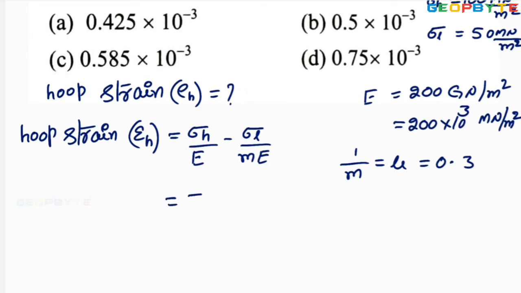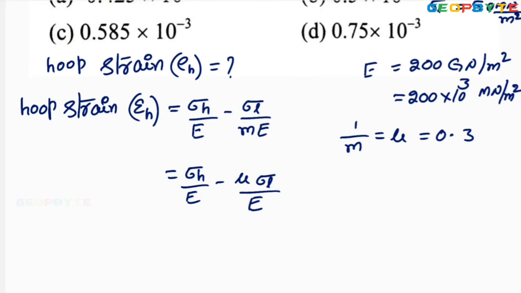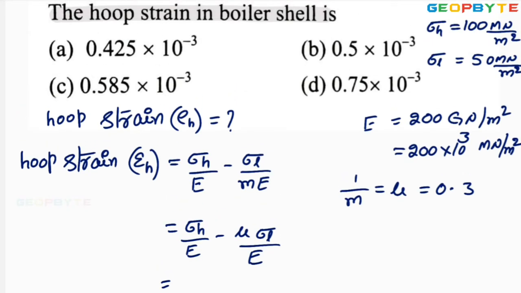It can also be written as sigma h by E minus mu into sigma L by E. Mu is the Poisson's ratio, equal to 1 by m equal to 0.3. Here the hoop stress is given. Look at the hoop stress value, 100 meganewton per meter square.